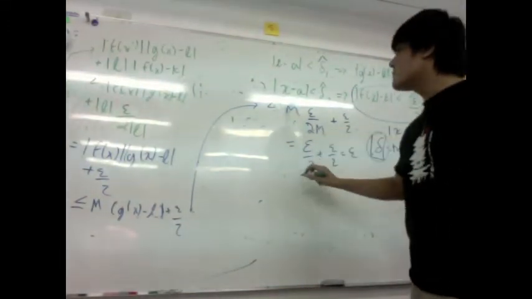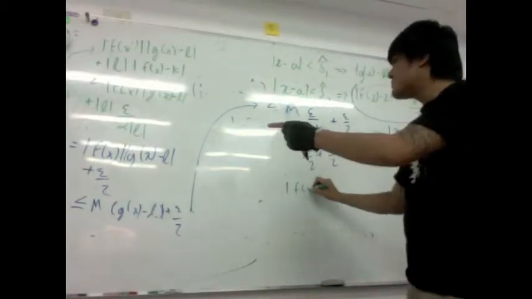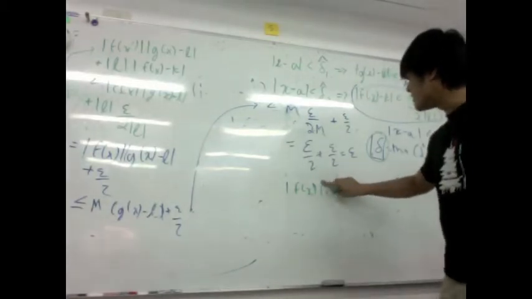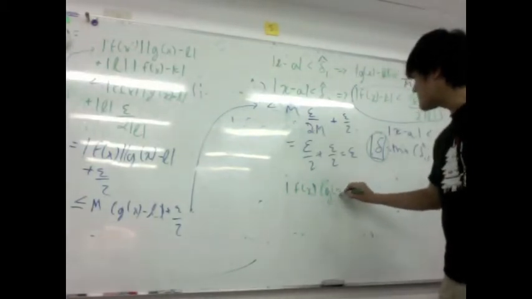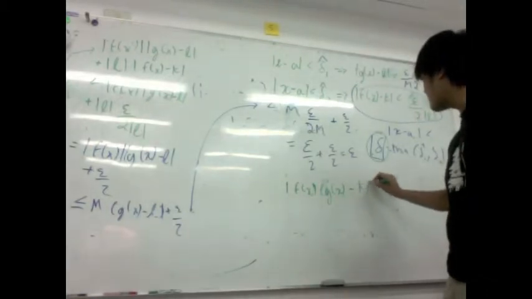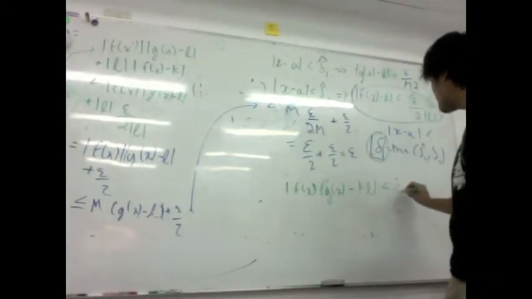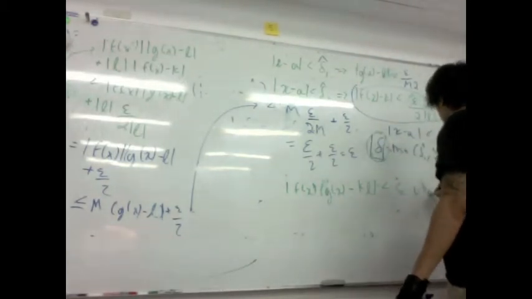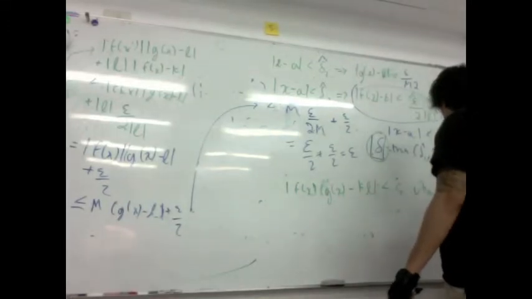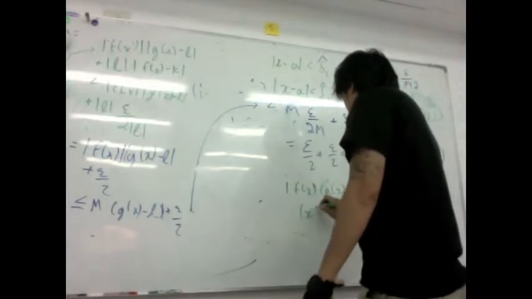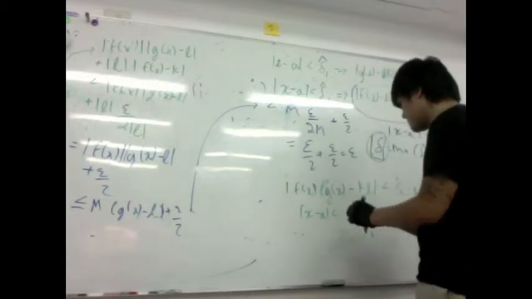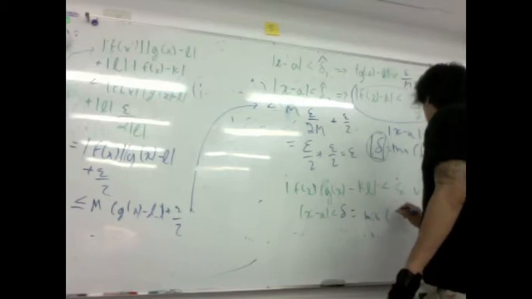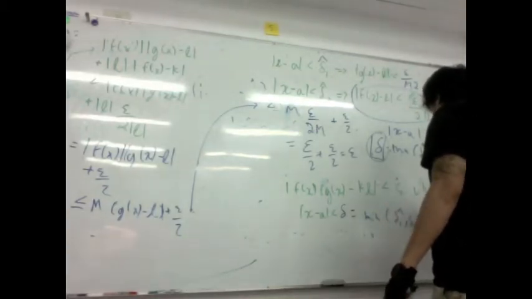By what we have shown from the beginning, this is all one big inequality. I've shown the absolute value of f of x g of x minus K L to be less than epsilon, for any epsilon, because that epsilon can be arbitrary, whenever the absolute value of x minus a is less than delta, where delta equals the min of delta 1 hat and delta 2 hat.